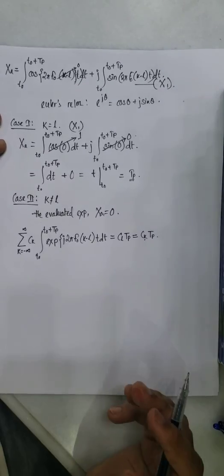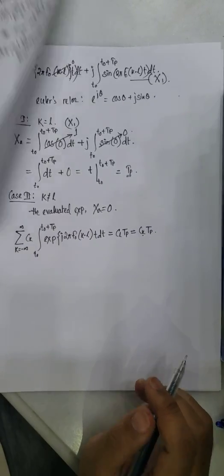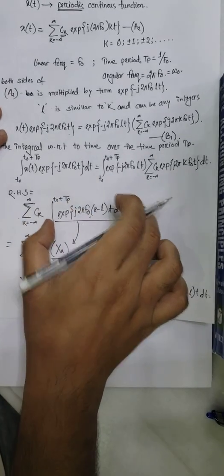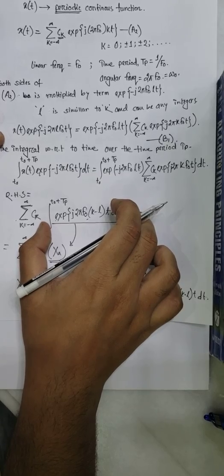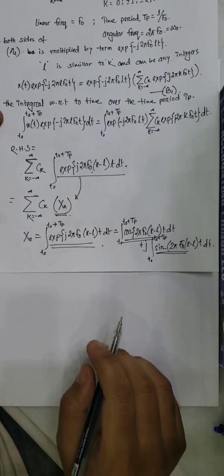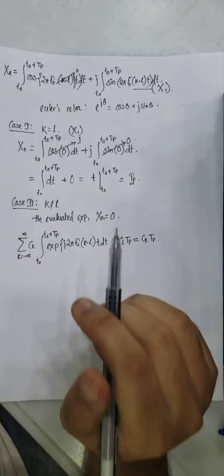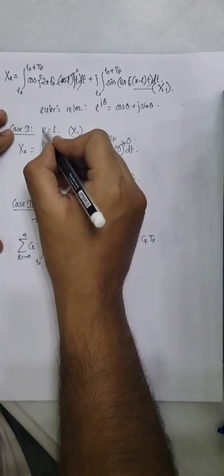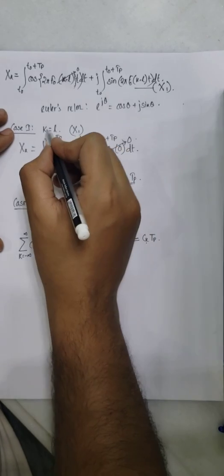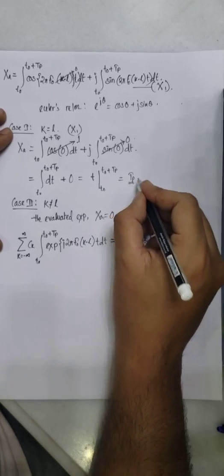Now, a question might be asked: where does the summation sign go? Because if we look back, the summation sign was always there. All we have worked with is this integrand. And to answer that question, if you look closely, the summation sign is not required. This is because we have considered k equal to L and k not equal to L. That means only for one value, when k equals L, there will be an outcome of Tp.